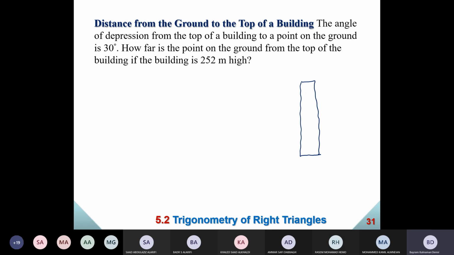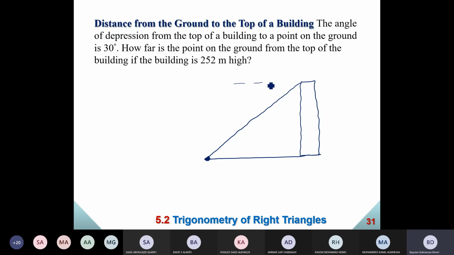And the angle of depression from the top of a building to a point on the ground. Looks like on the ground there is a point, right? The angle of depression from the top of the building is 30 degree.